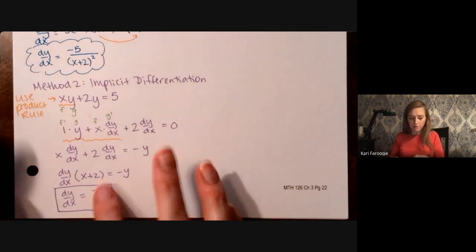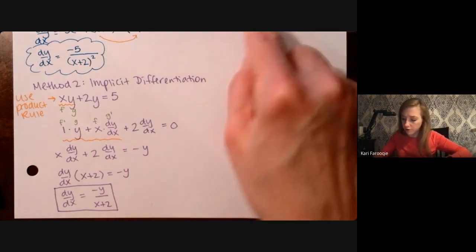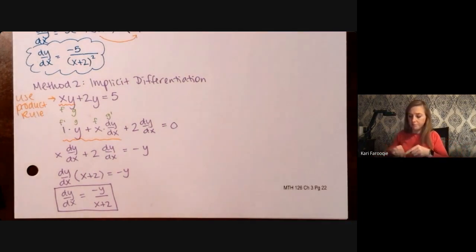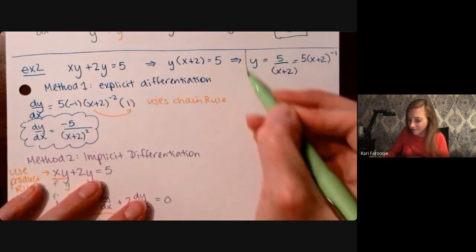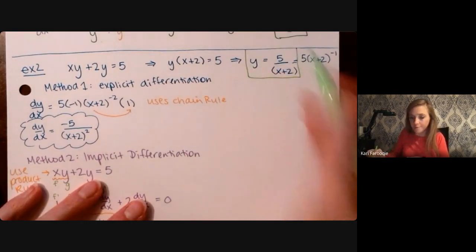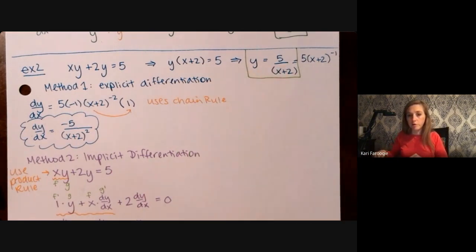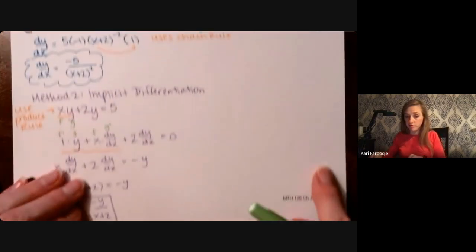We can go ahead and sub this y out by noting that we solved for y already. Here it is. Okay, so we know that y is 5 over x plus 2. If you solve for y, you can just substitute it back in.